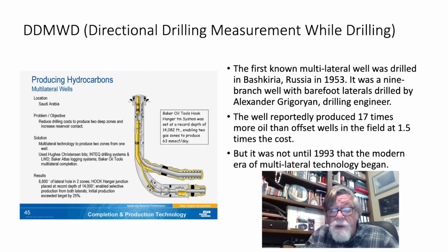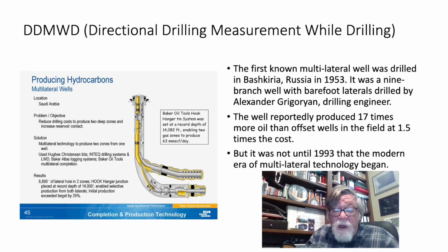So this directional drilling is not new. The first known multilateral well was drilled in Russia in 1953. So they've got a lot of experience and a lot of wells that have been drilled this way. And the extra cost of the lateral has proven itself economic in a lot of cases because of the greater production you can get. In this well, there was 17 times more oil than the offset well, with a cost of only about 50% more.